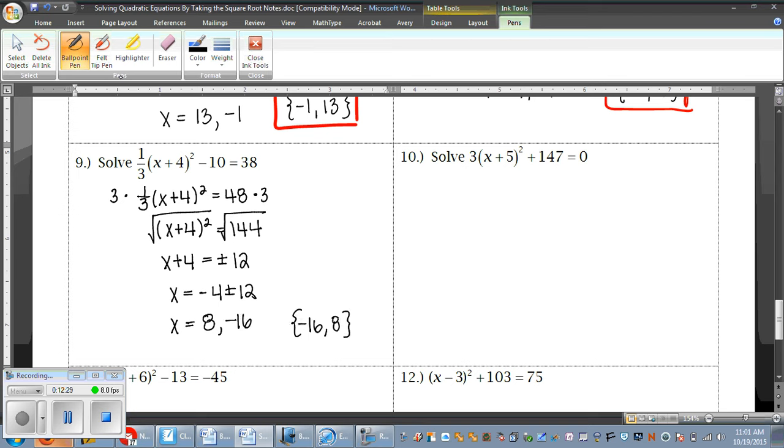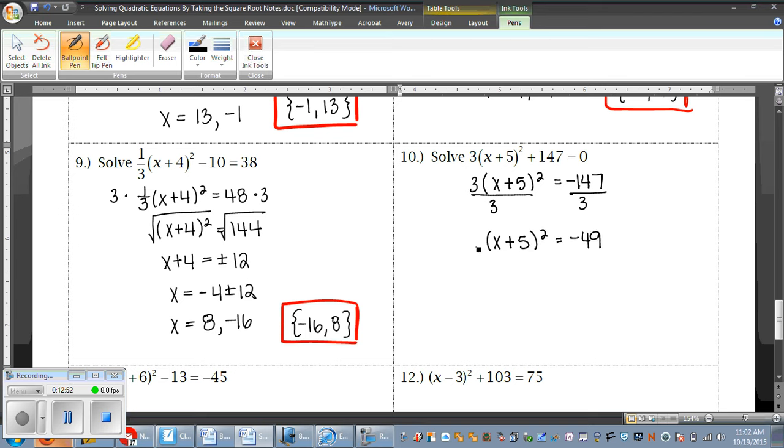On number 10, I'm going to subtract 147. I'm going to divide by 3. And when I take the square root, this time something new happens.